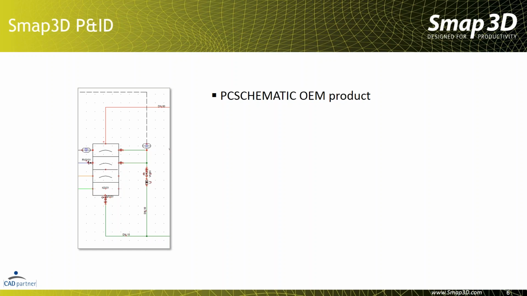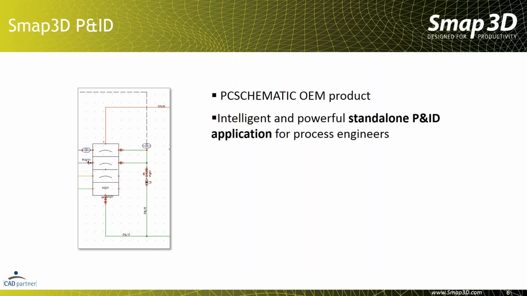The administration of the database or the generation of the .pro files, which are the same in both systems, is identical. And of course, our Smap3D P&ID is for process engineering, and therefore we have additional features and functions so that you really have a full P&ID tool.